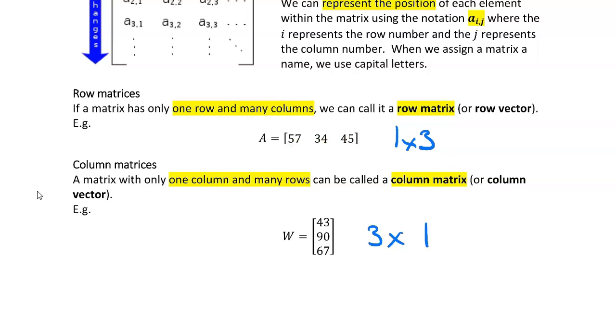You can see just by looking at the matrices that they look different. This is a row matrix, a 1x3, and this is a column matrix, a 3x1. So that order is very important, and it shows that these are very different matrices by the size.